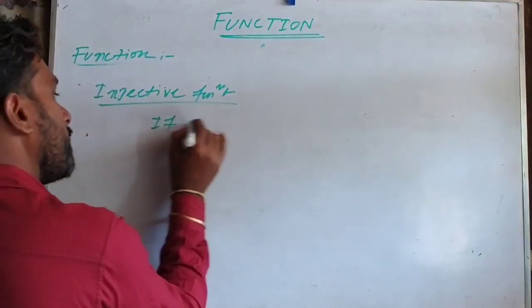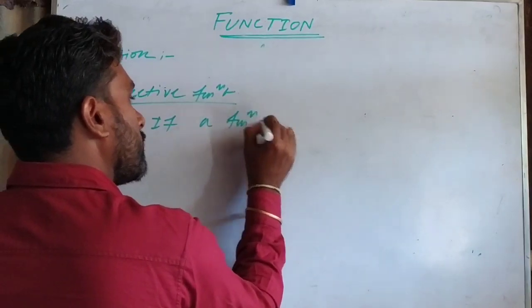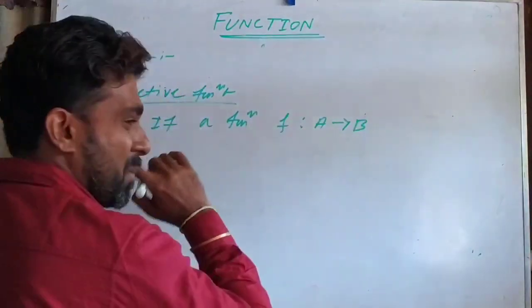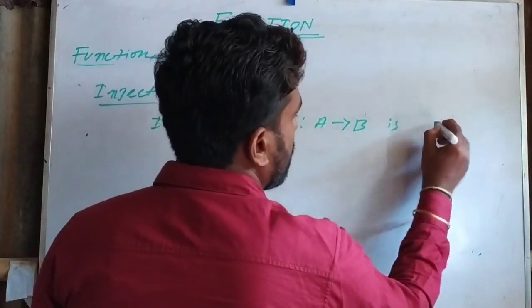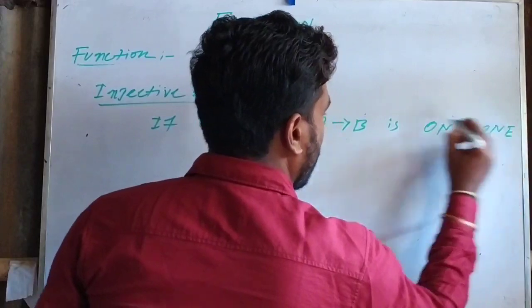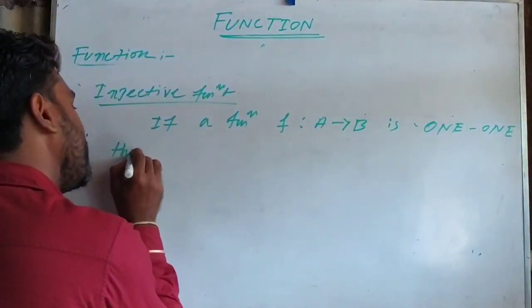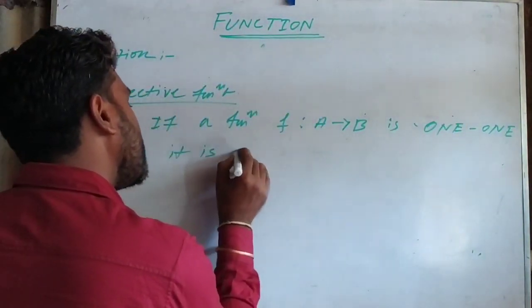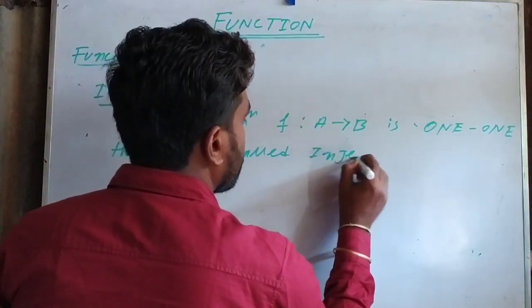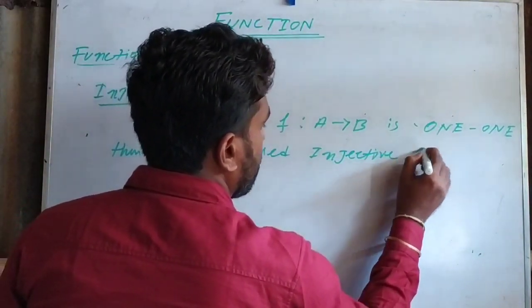If a function f such that a to b is 1-1, only 1-1, then it is called injective function.